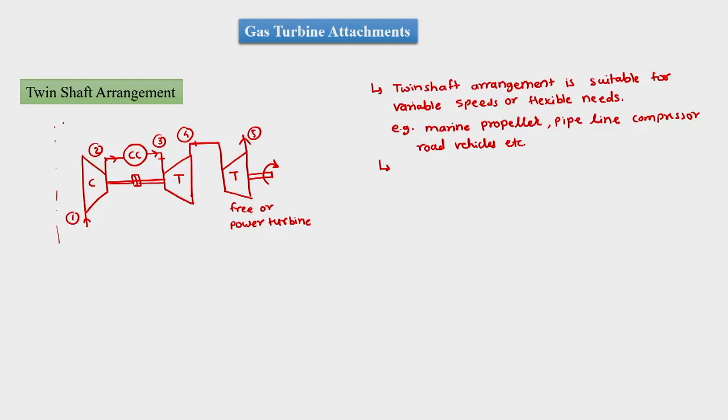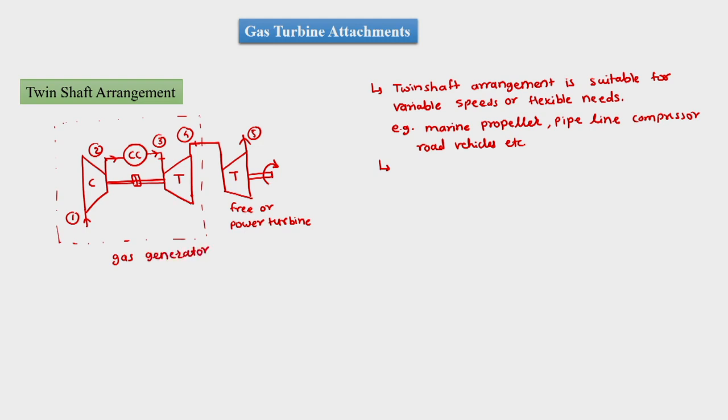We do not need any gearbox to be connected over here, and further this unit, where we have a compressor, combustion chamber and turbine connected together, is called the gas generator.